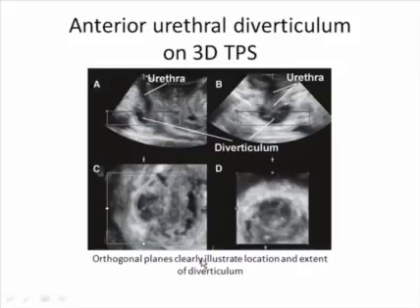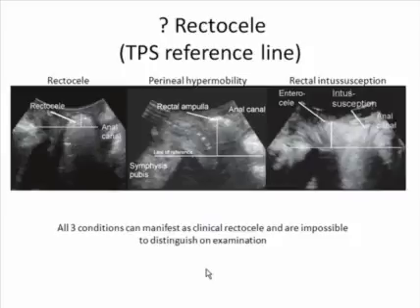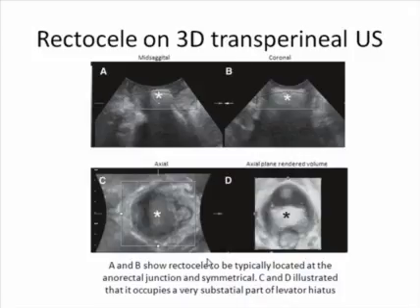Okay, a few examples of abnormal in 3D is diverticulum, as you can see here in this excellent example, a little cystic structure related to the proximal urethra on the sagittal. And this is the possible rectocele that I mentioned, and the drawing of the line which I also have referred to.